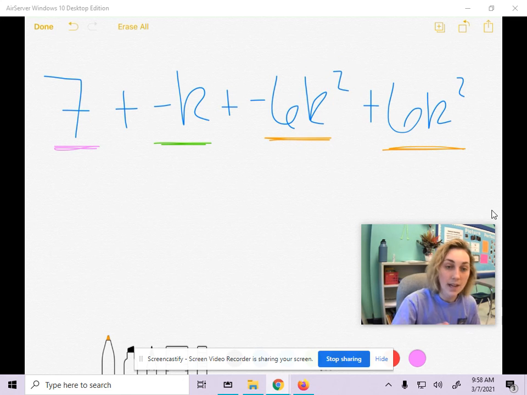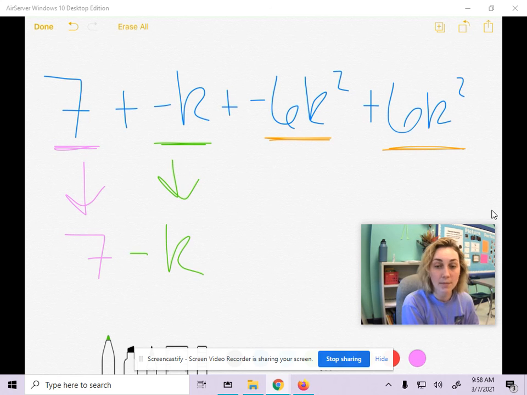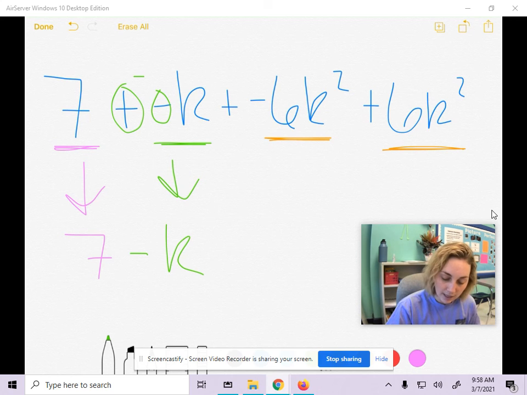All right, so now we can go ahead and simplify. Again, 7 cannot be combined, so we can bring that down. Negative k cannot be combined, so we'll bring that down. Remember, when you have a positive and a negative, you'll just get a negative, so I just subtracted k, brought it down and simplified it that way. Same thing here, we have a positive and a negative, so that's just going to be subtraction.